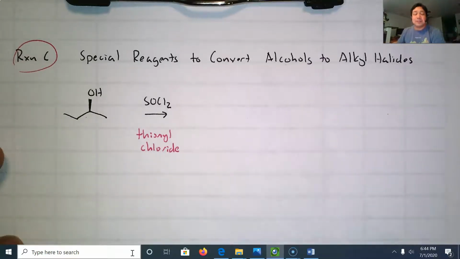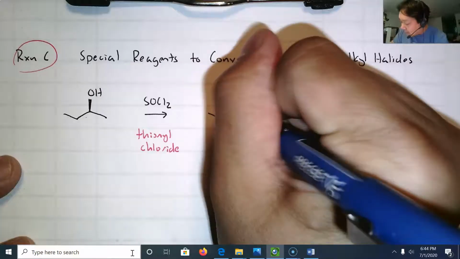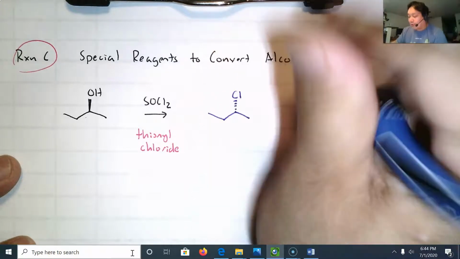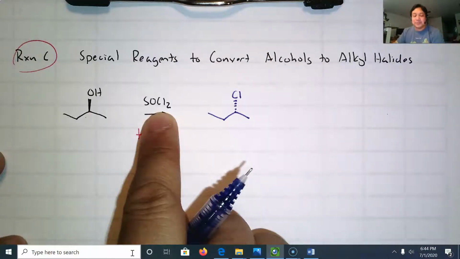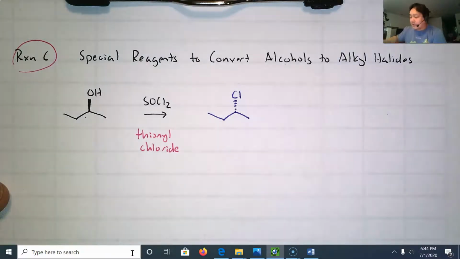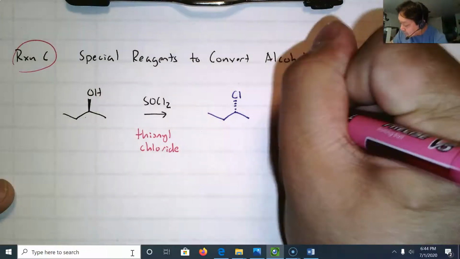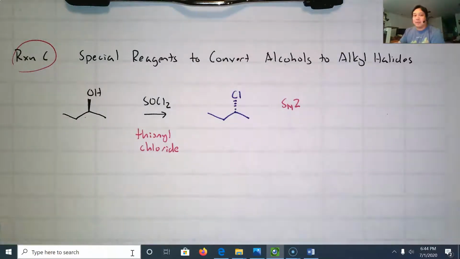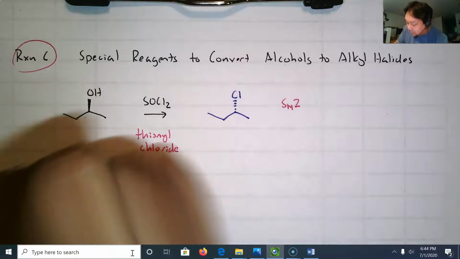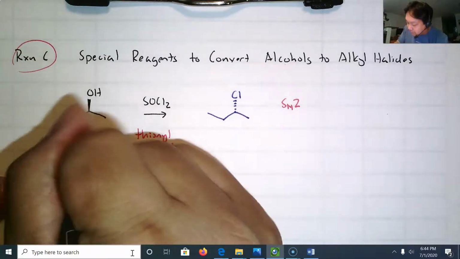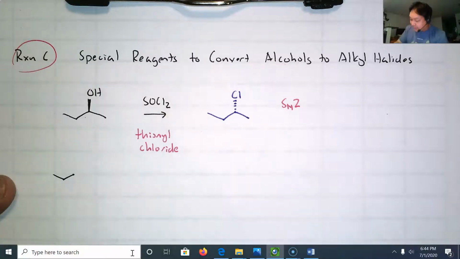The substitution proceeds via SN2, and knowing that, hopefully you can predict that you get this molecule here, the chlorine, because it's SOCl2. Let me note that this is SN2. Let me show you now phosphorus tribromide, and we'll use a tertiary carbon, a tertiary alcohol. How do I want to draw this?